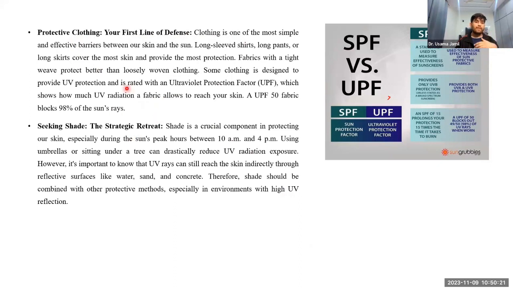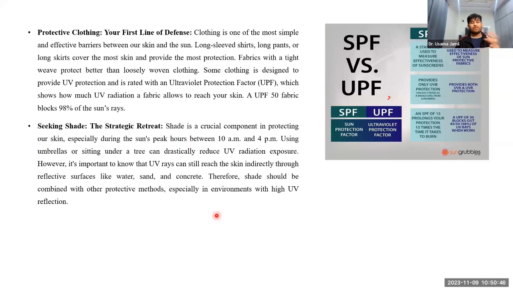If you are wearing a proper dress and covering your body in the midday, between the peak hours of UV exposure, or around equipment in a UV generation environment, you should be covered properly.